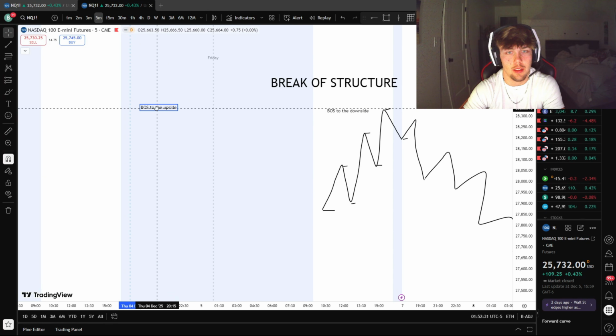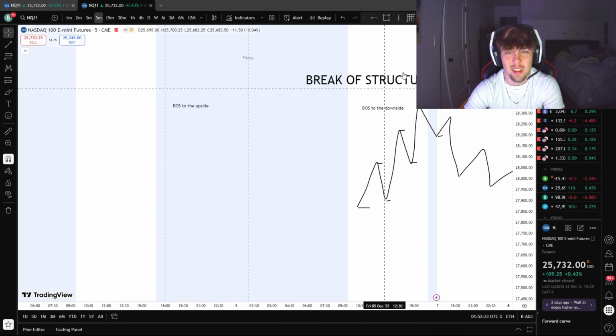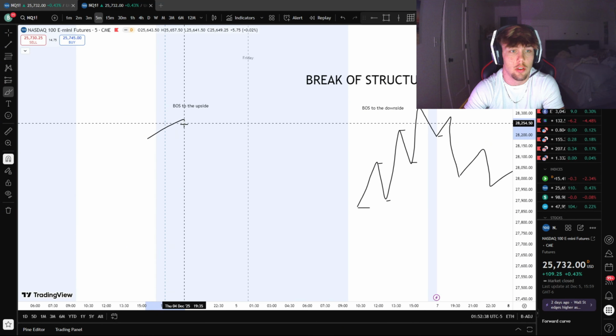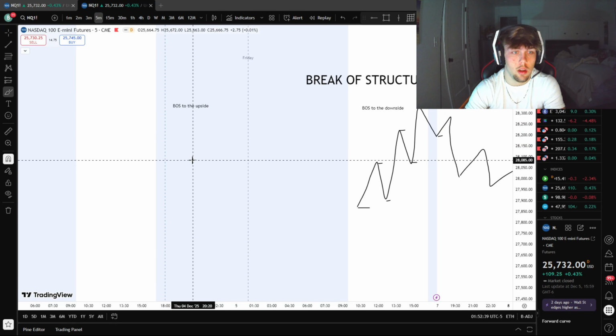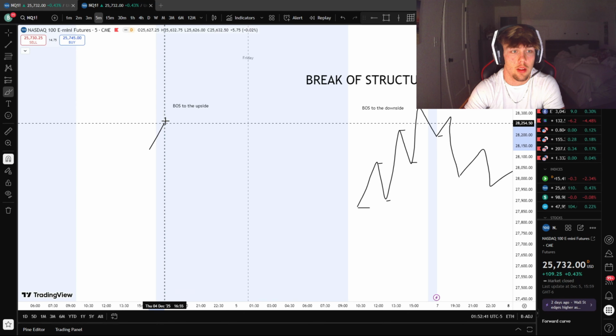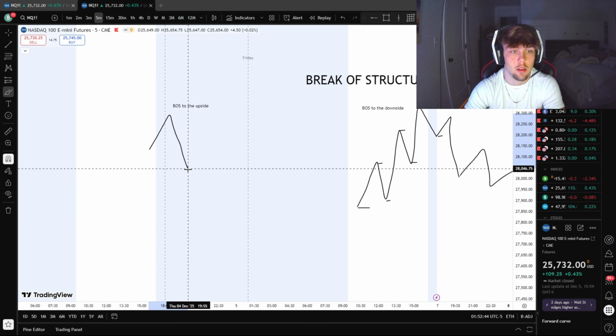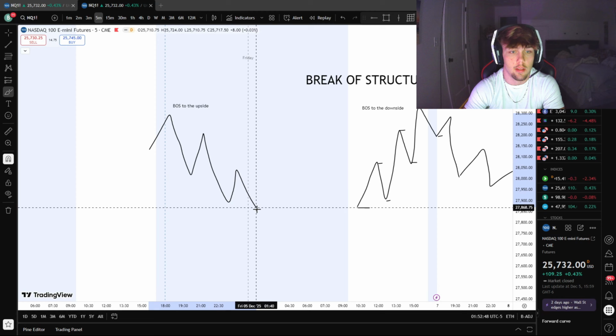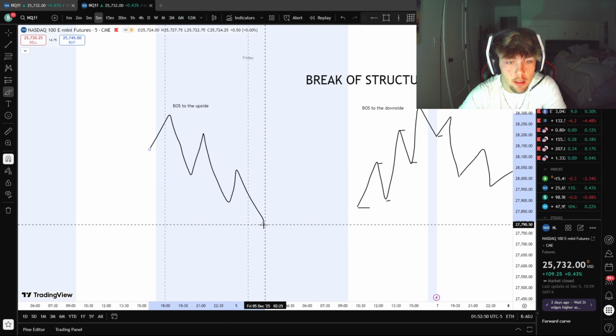Good, good. Now, what is a breaker structure to the upside? Well, essentially, it is quite literally the same thing, but just reversed. I don't know why I'm so bad at drawing downtrends. Wait, why is that one actually good? Sorry.